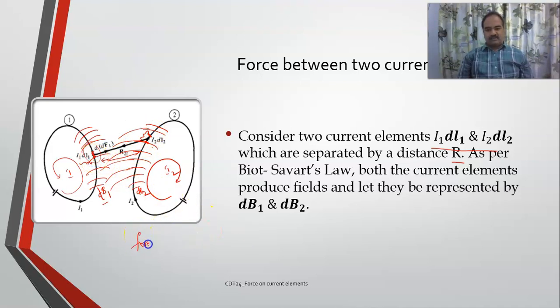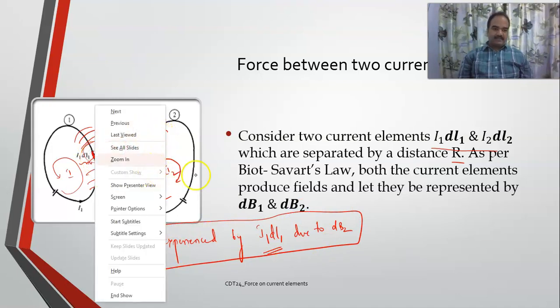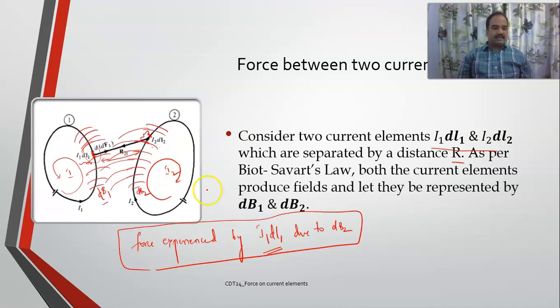The force experienced by I1 dL1 due to dB2. This is what we are going to study now. Force experienced by one current element due to the field developed by current in nearby elements. This happens regularly in our electrical engineering because most of the times we do have two parallel wires going nearby, and we need to determine what is the force on this conductor due to this conductor.